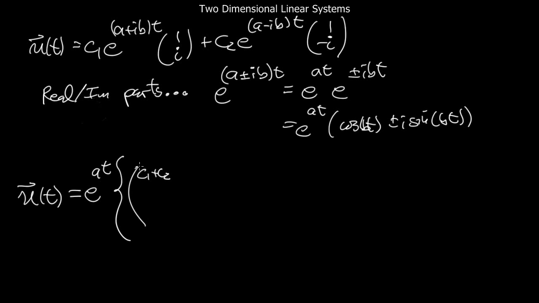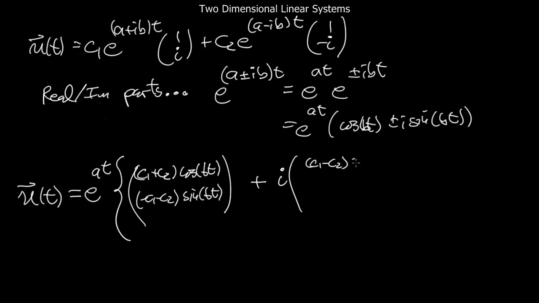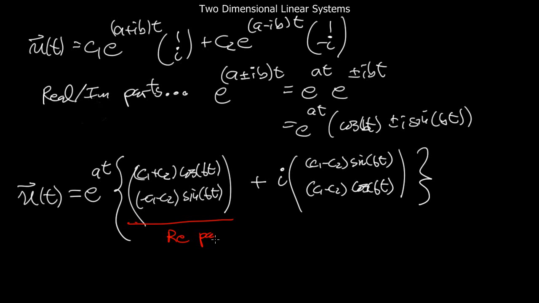What you get is (c1 plus c2) cosine bt minus (c1 minus c2) sine bt, and then you get a plus i times something which looks similar with a sine and a cosine in it. So you see I've pulled the e to the at out front and mixed up the constants and the sines and cosines and so on.